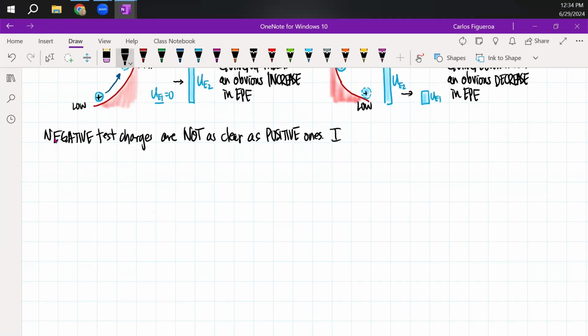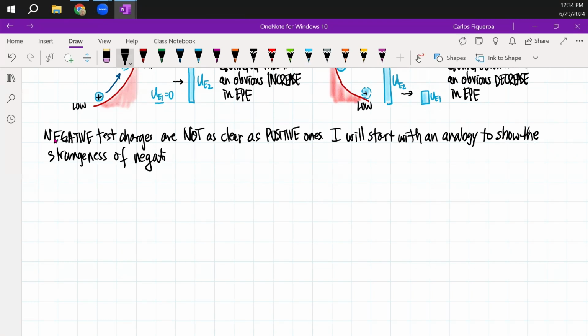So I will start with an analogy to show the strangeness of negative test charges, of course, in positive fields here. So now, here's my analogy.